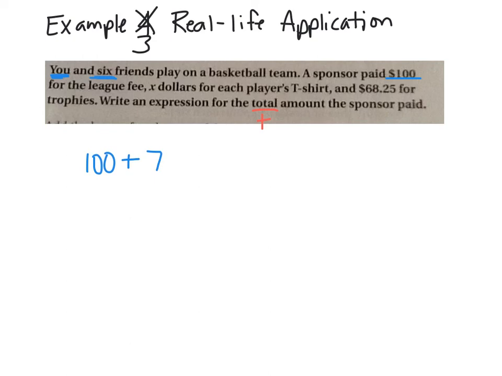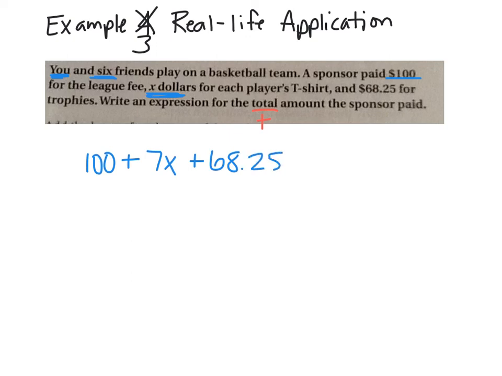You play on a basketball team, and you pay $100 for the league fee, X dollars for t-shirts. So that's why it's 7 times X. We get our X dollars because we don't know how much the t-shirts are. And $68.25 for the trophies.